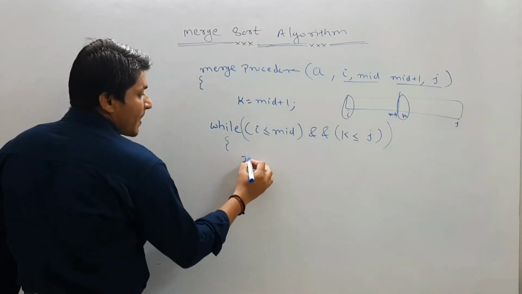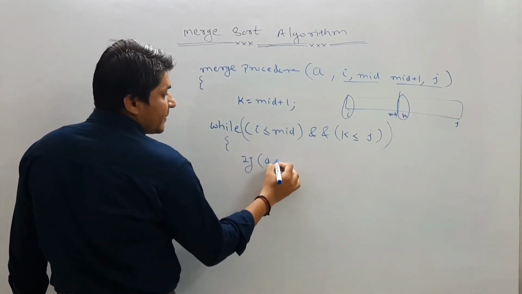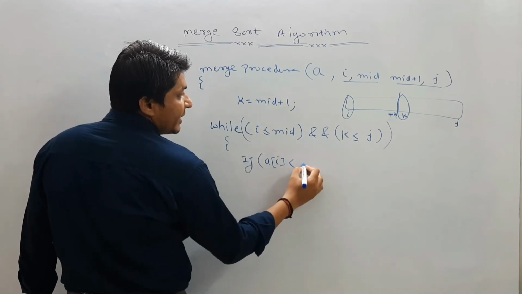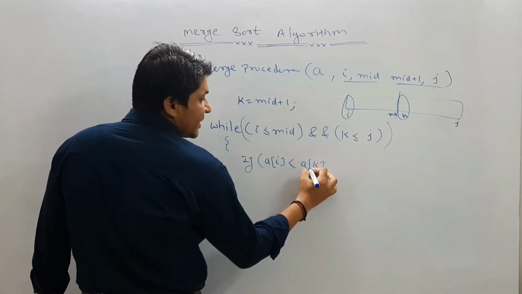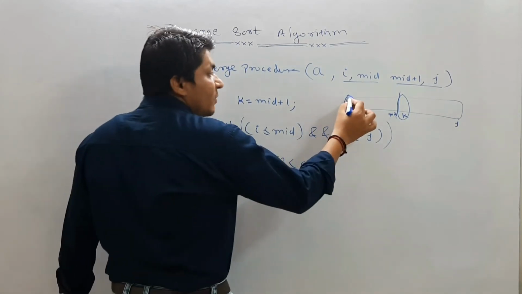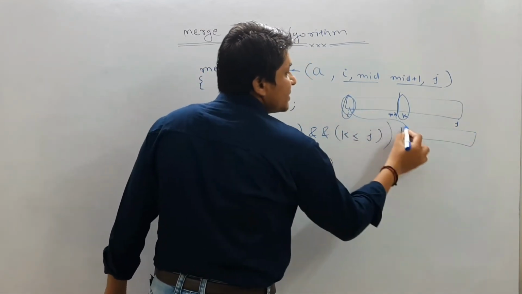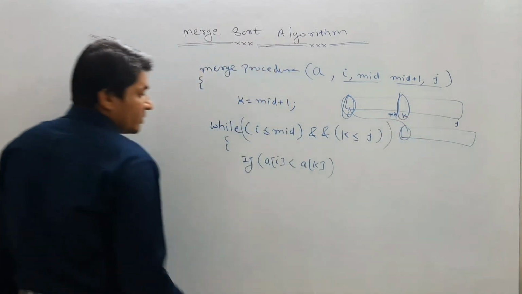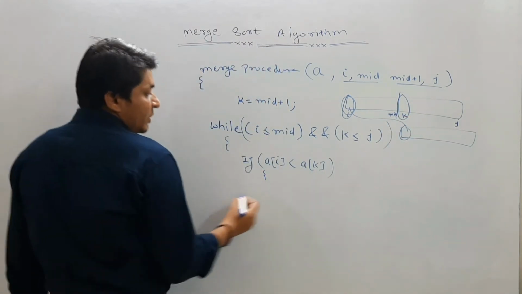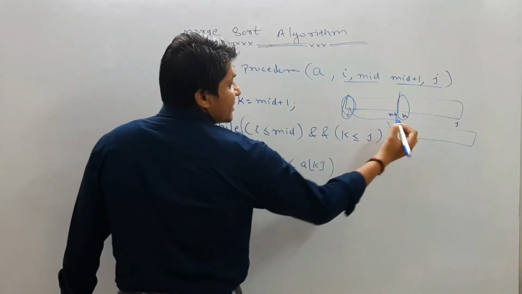So if a of I is less than a of k, and this condition is true, it means we will copy this element into this other array. Let's say the name of this array is b, and p is the pointer pointing to this location.